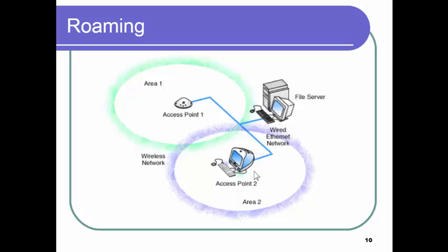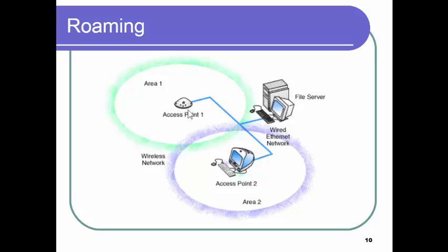So in this particular case we can see access point 1 provides area 1 and access point 2, this is the software access point, provides coverage area 2.